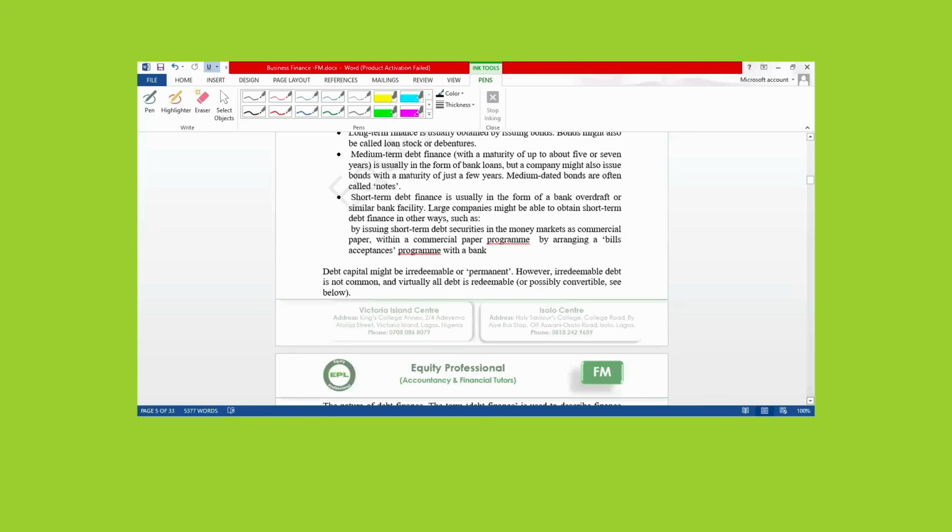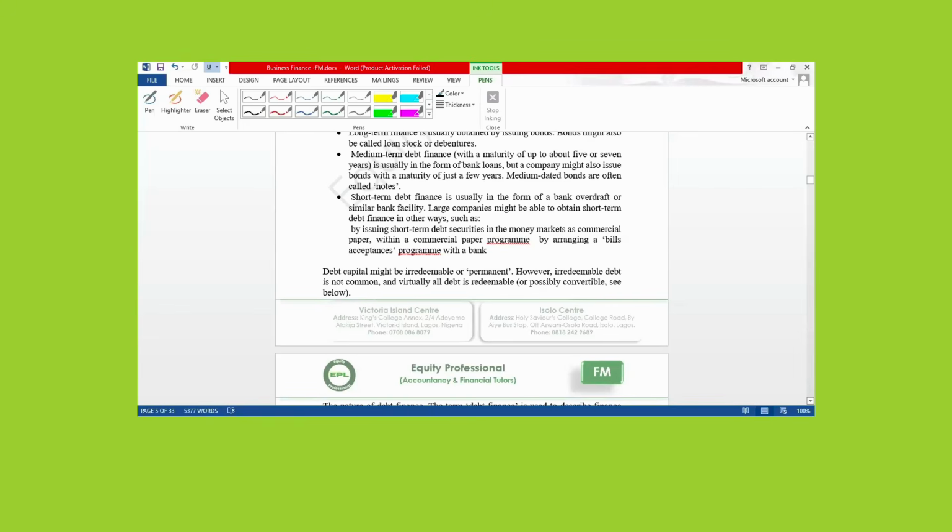We also have redeemable debt. Virtually all debt is redeemable. Redeemable debt is a debt with a specific maturity period, a debt with a specific repayment period.